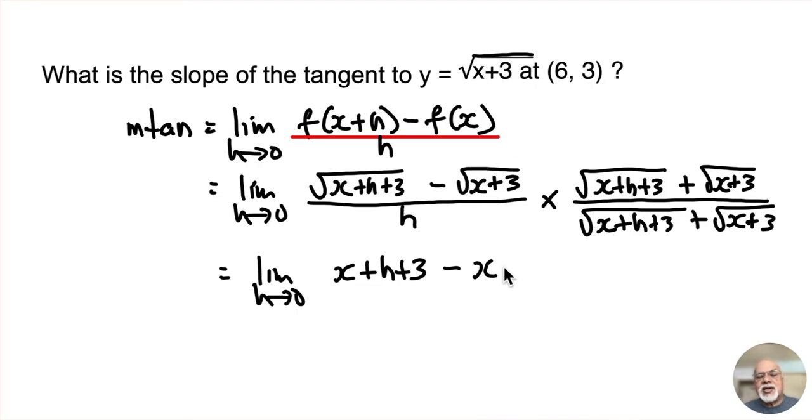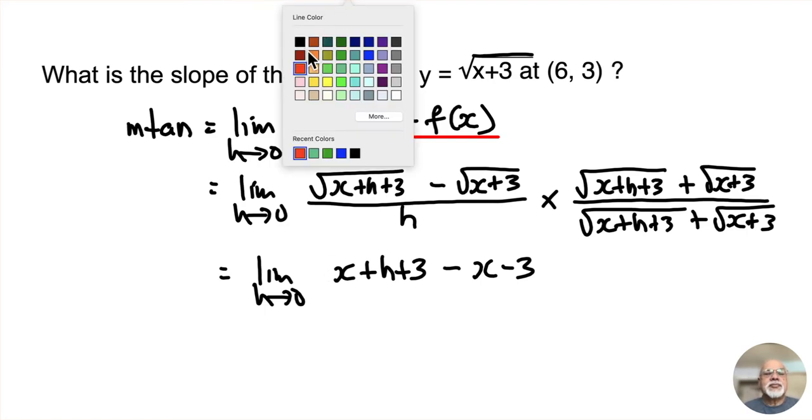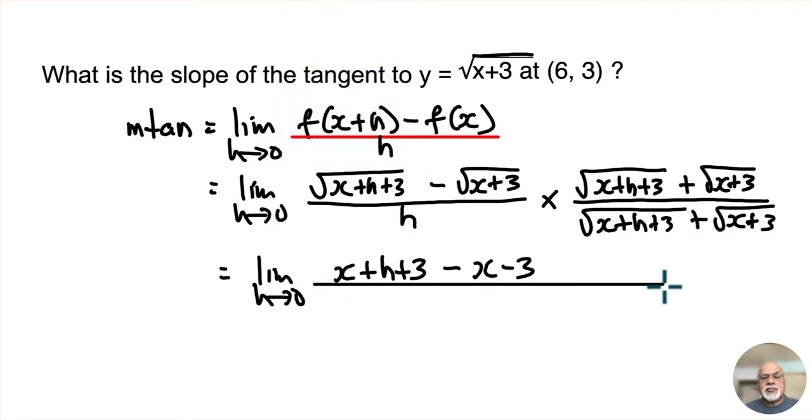So we're subtracting x and then minus the 3, all over the denominator. Now, don't worry about multiplying all the stuff out at the bottom there. Just write it out like this because something nice is about to happen in terms of taking the limit.